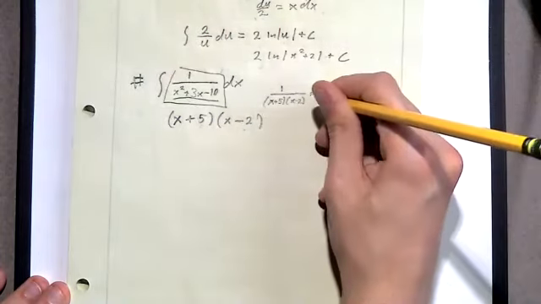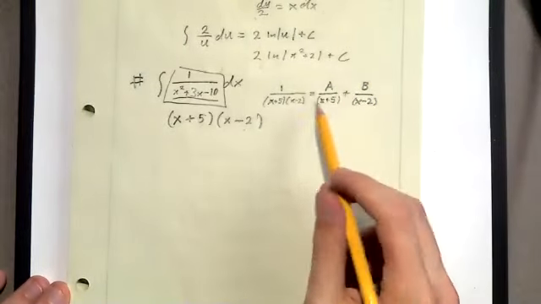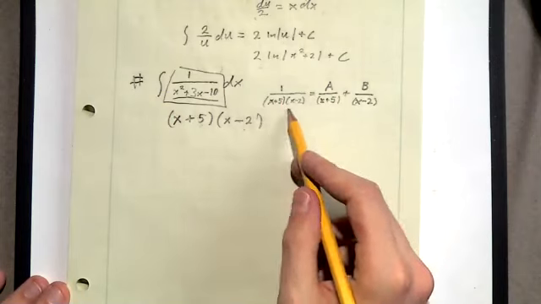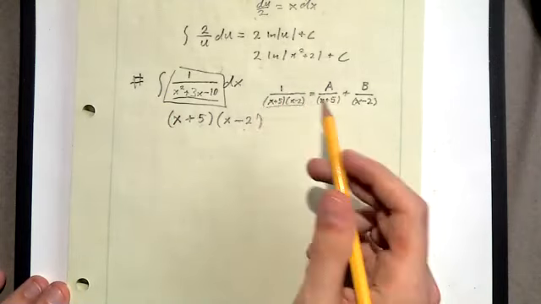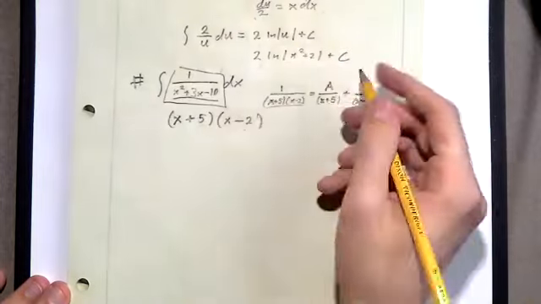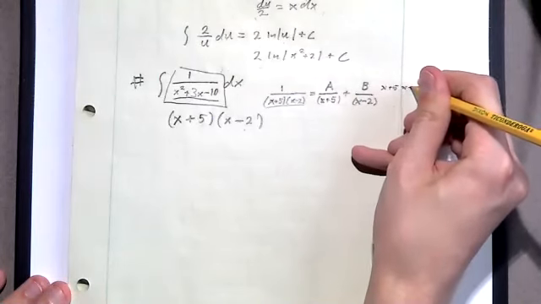I don't know why we bothered putting parentheses there. Okay. So next thing we do is we multiply both sides by this right here. So multiply both sides by x plus 5 and x minus 2.